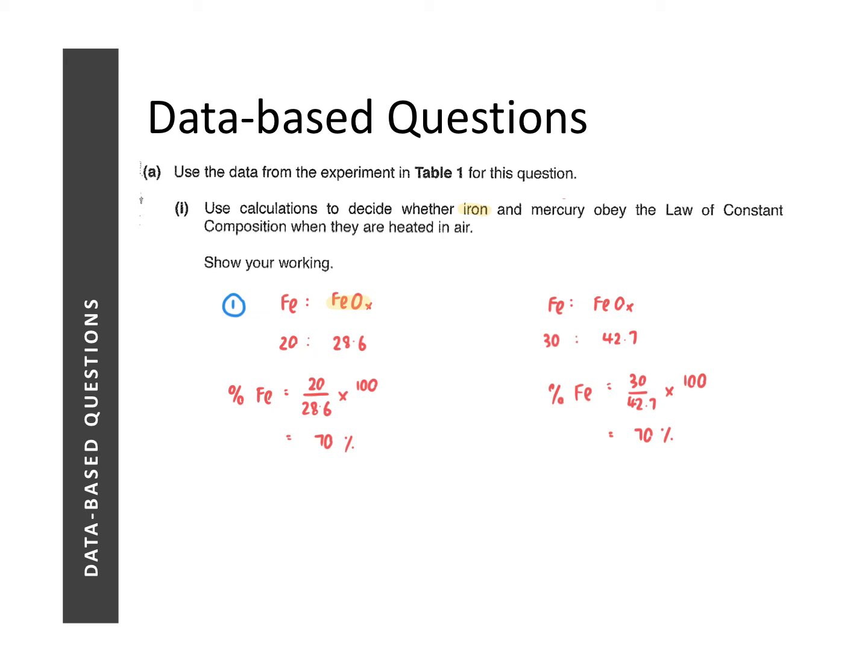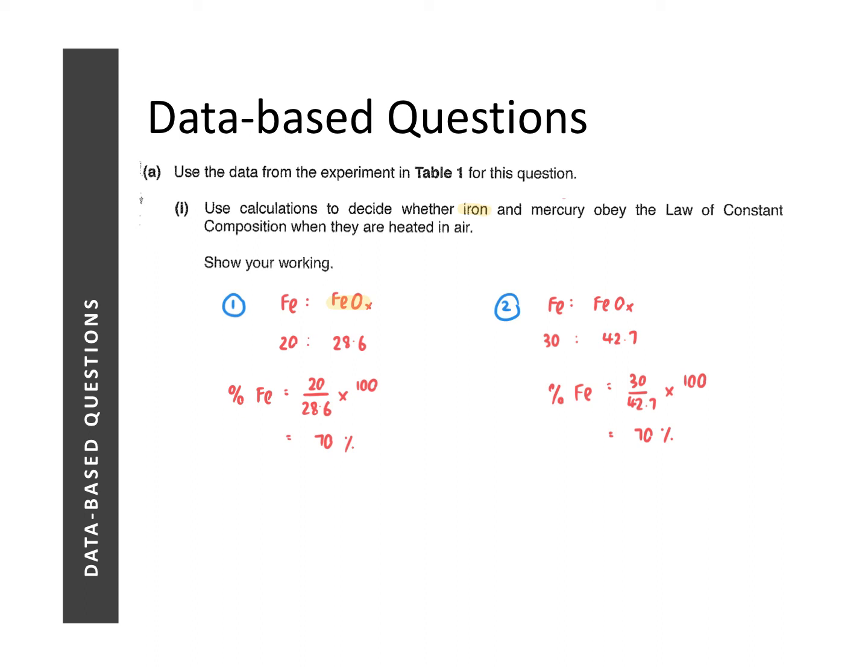It doesn't affect our answer at all. So what we need to find out now is the percentage by mass of iron in iron oxide. So that would be 20 divided by 28.6 times 100, which would give us 70%. Next, we look at the second set of data given for iron. Similarly, if we find the percentage by mass of iron, it will give us also 70%.